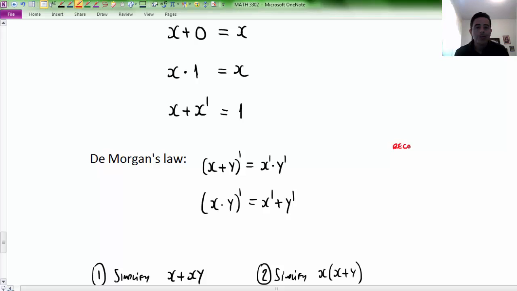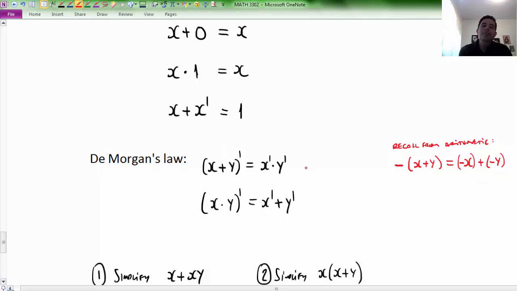Recall from arithmetic, if you have negative (x plus y), you remember how we did that? Well, that's negative x plus negative y. So you simply replace: the sign of x is positive, becomes negative; the sign of y is positive, becomes negative.